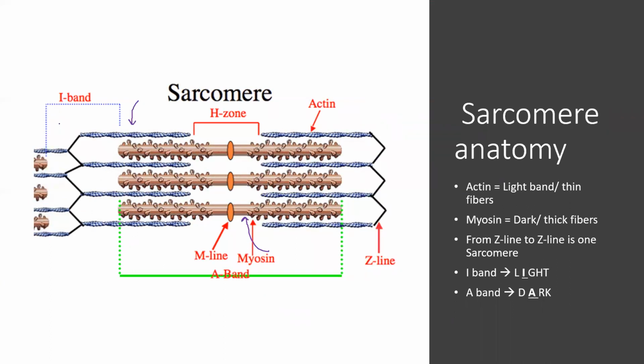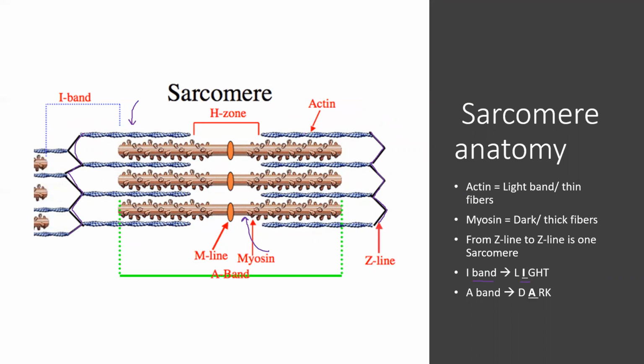Now, the sarcomere is from this Z-looking disc right here. From Z disc to Z disc is one sarcomere. We have millions and millions upon millions of sarcomeres in muscles. And then we have different types of bands. So for example, the I band, which is between actin and actin, where there is no myosin, that's going to be our light band.